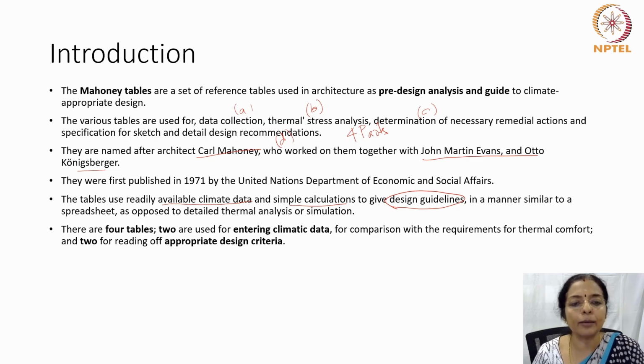It's more like an Excel sheet as against simulation. There are 4 tables primarily. 2 are used for entering climatic data for comparison with the requirements for thermal comfort, and 2 are used for reading appropriate design criteria.